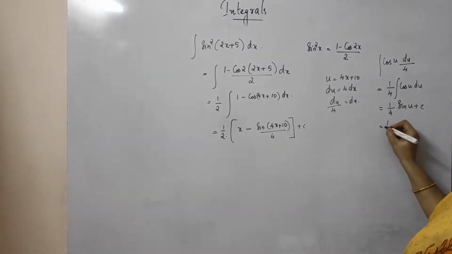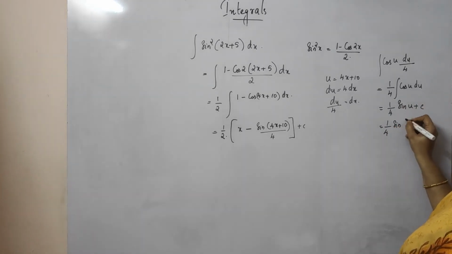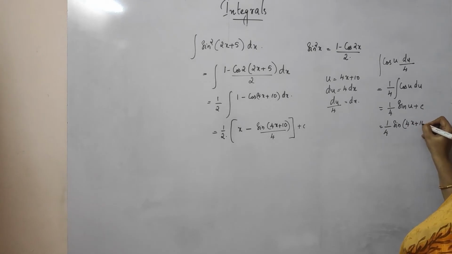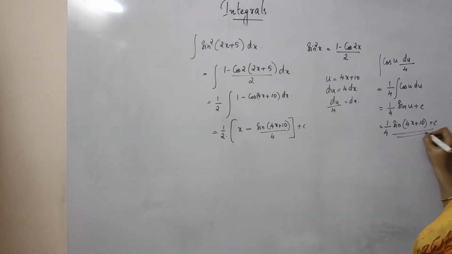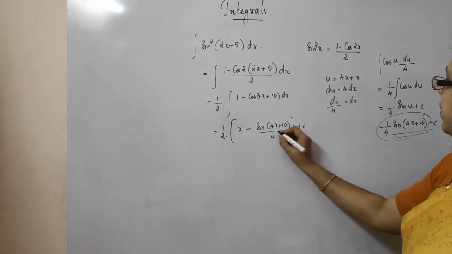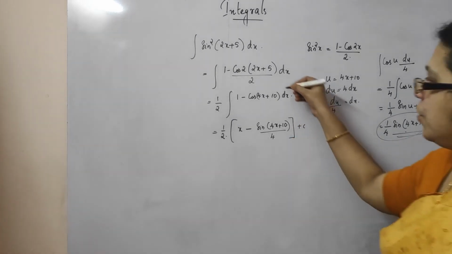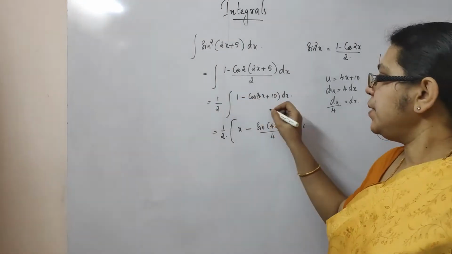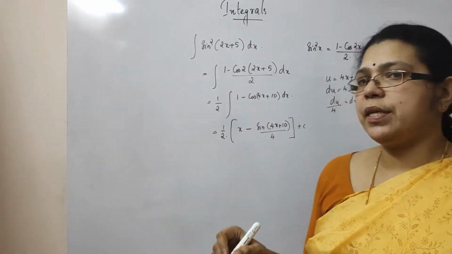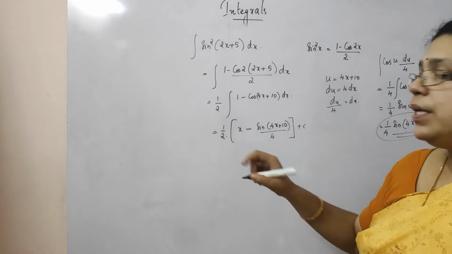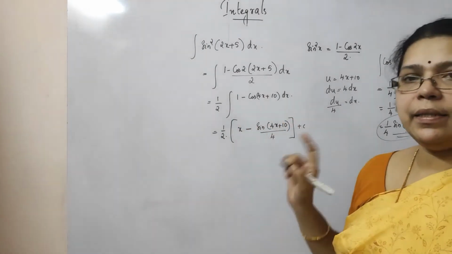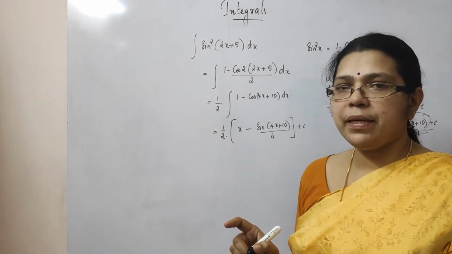So the integral is 1 by 4 sine of (4x plus 10) plus c, exactly this part that I am getting here. It is substitution coming in between, but since we are familiar with substitution, we are directly writing the integral value. Am I clear?